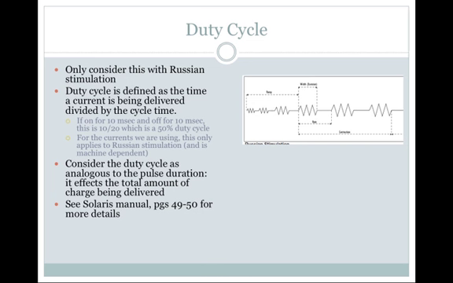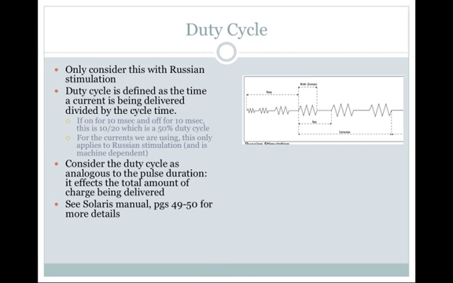All right, so again, for the currents that we're using, this is really only going to apply for our Russian stimulation. And on the Solaris machines, you don't even find that thing that says duty cycle. You're able to change the pulses per second. This is a little confusing. So one of the things to do is to go look in the Solaris manual at pages 49 to 50, and it gives a pretty nice explanation of how these two are interrelated.